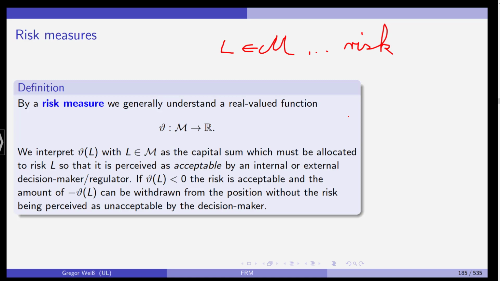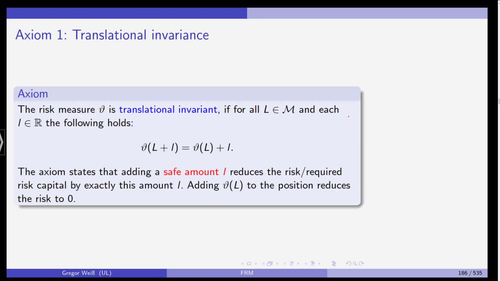So this is the general definition of a risk measure. Now let's look at some axioms. The first one is translational invariance, Translationsinvarianz. This risk measure nu is called translationally invariant if for all risks L and each small l, the following holds.